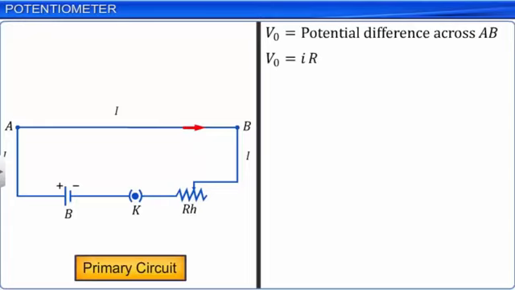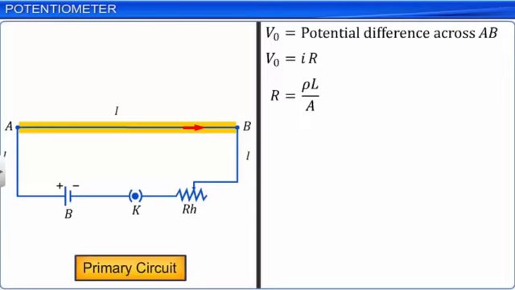We know that the resistance of the wire R is equal to rho L by A, where rho is the resistivity of the wire, L is the length of the wire, and A is the cross-section of the wire.